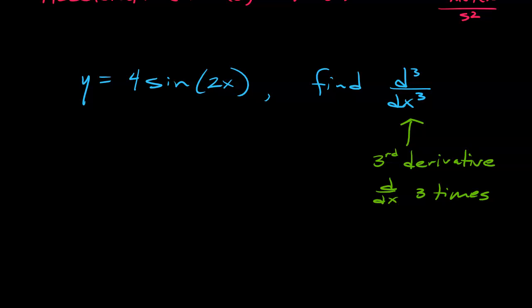So, if I do d dx once, d dx of y would be dy dx.